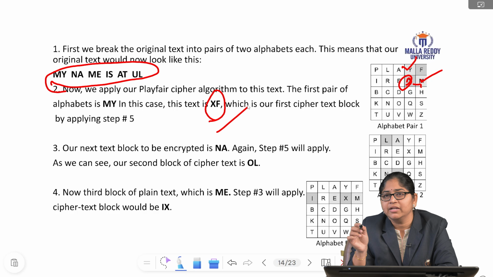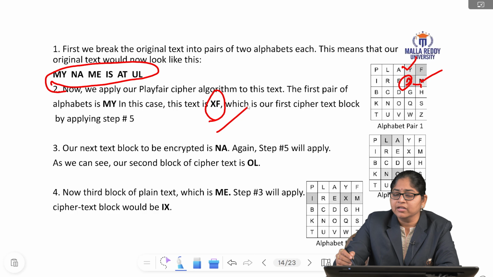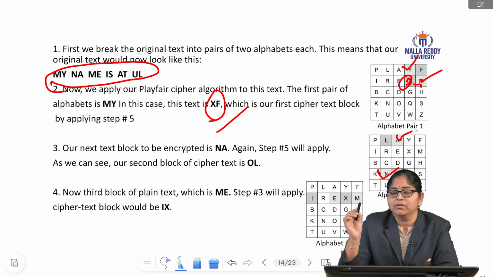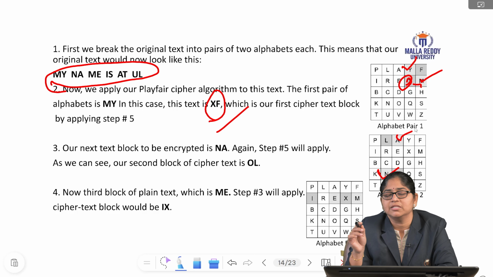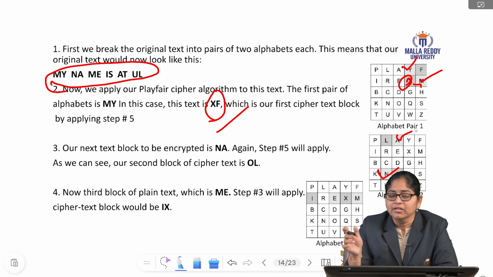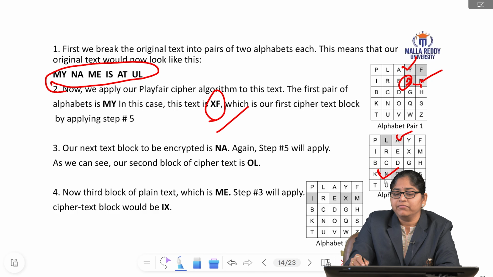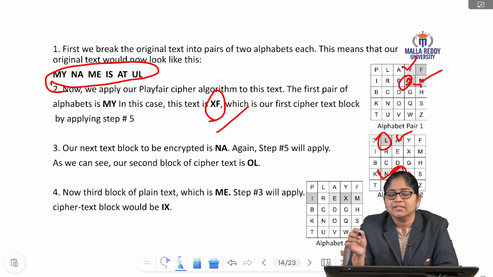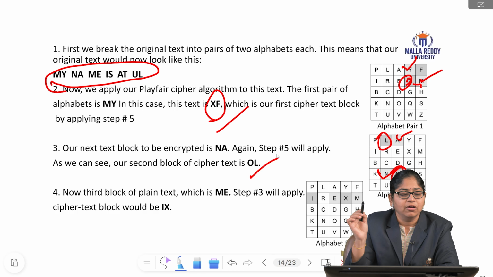The second pair of letters is NA. So for NA, again we need to locate where the letters are available. So N is available here, A is available here. So these two letters are present in different row and different column. So then we need to apply step 5. So exactly after N we have O, and after A, L is available. So the ciphertext for NA is OL.